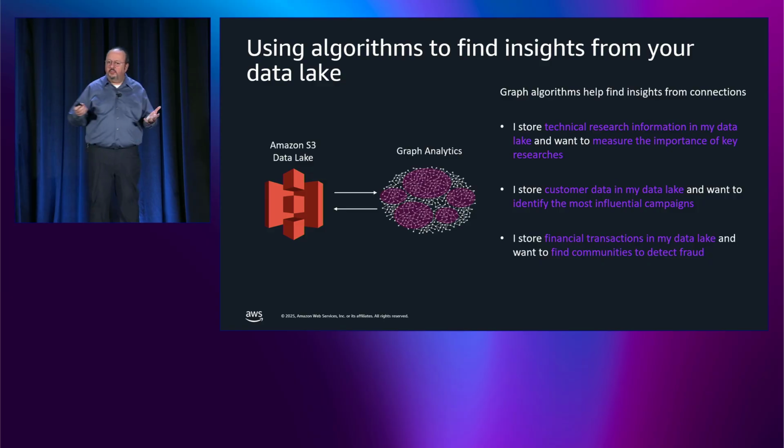Or I may have a customer graph, and I may want to investigate the most influential campaigns I can run. Or I may have financial transactional data, and I might be interested in identifying fraud. In these cases, we use graph algorithms.